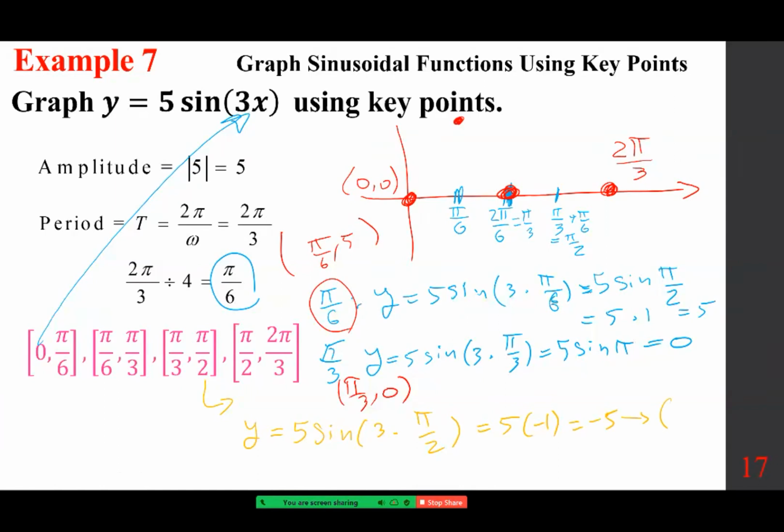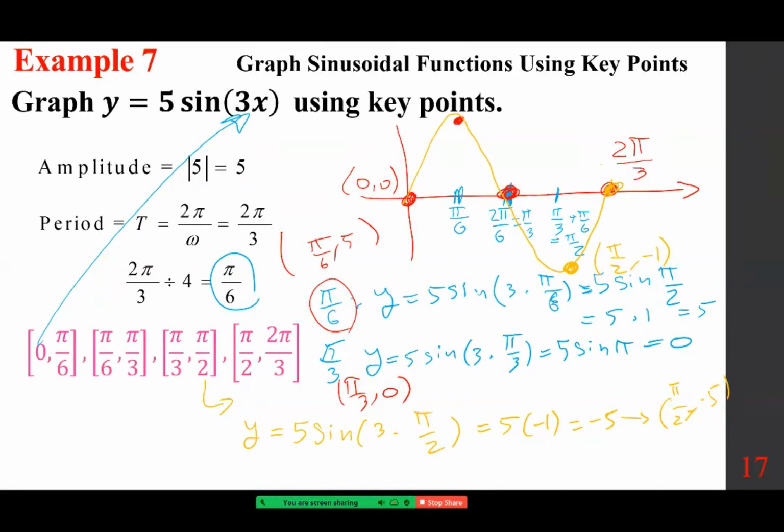So we have pi over 2, negative 5. Let's assume this is negative 5. And if you calculate 2 pi over 3, you get 0, so it will look something like this.